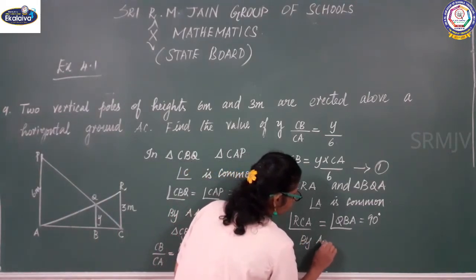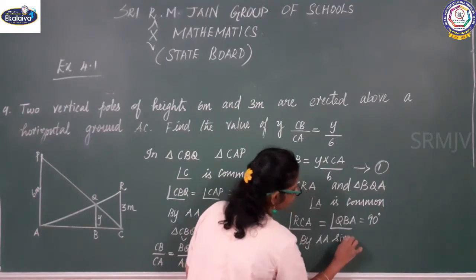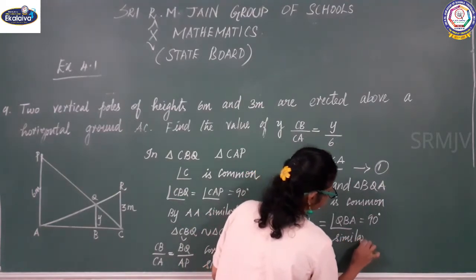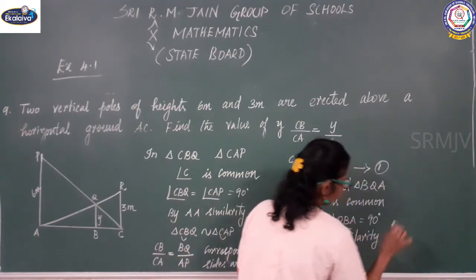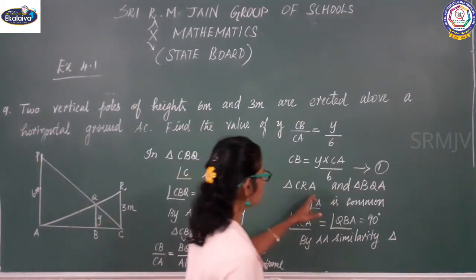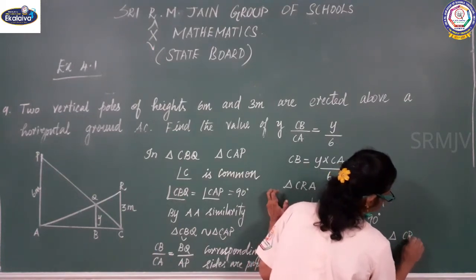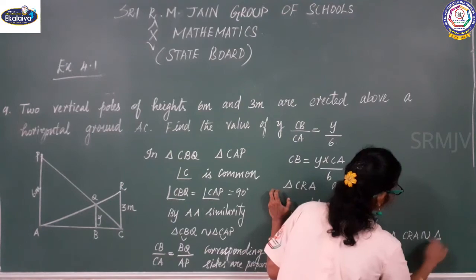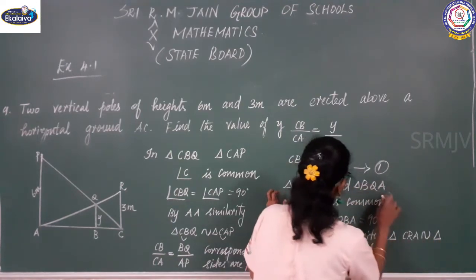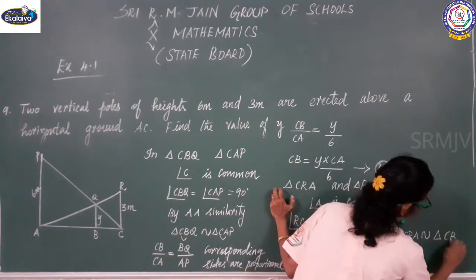By AA similarity, triangle CRA similar to triangle BQA.